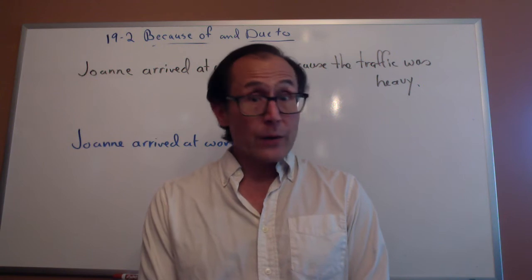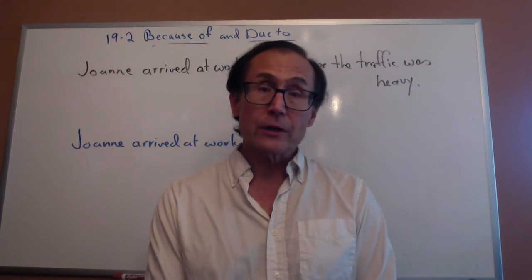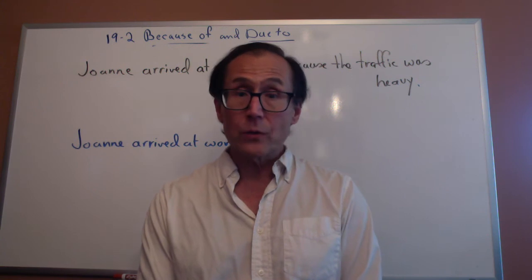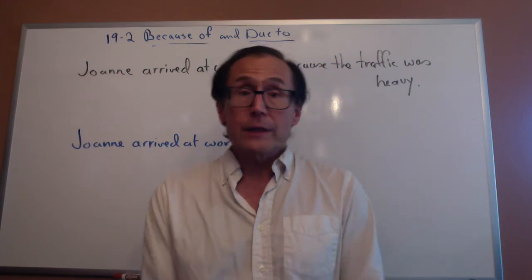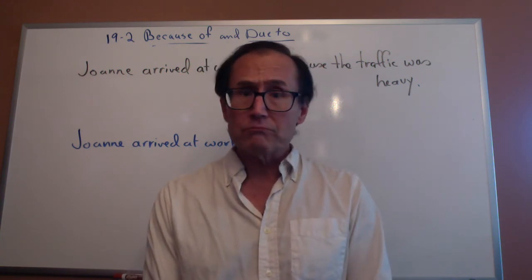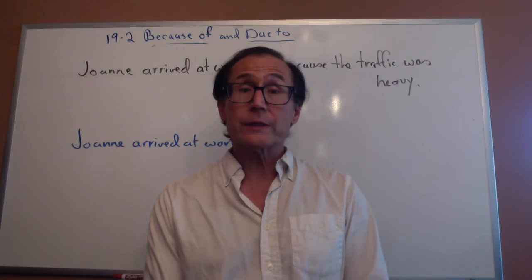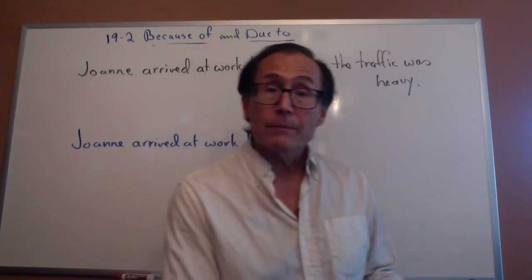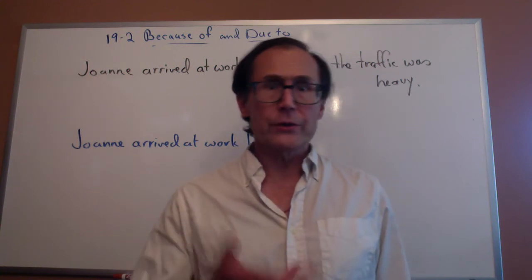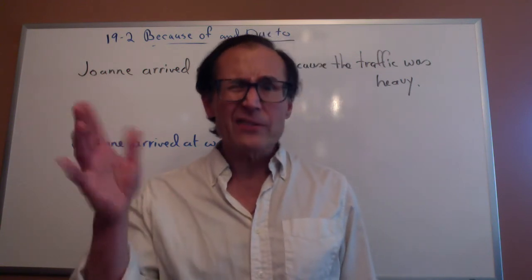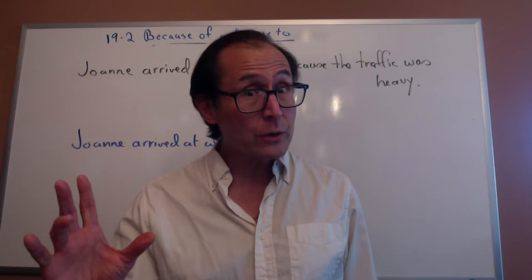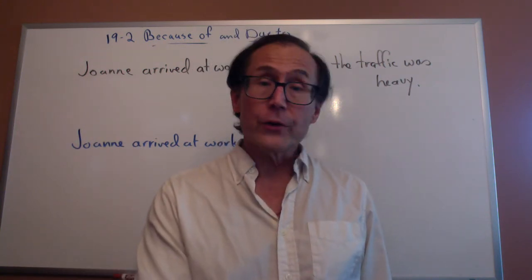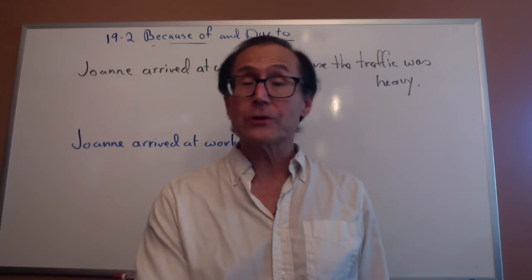So it would probably be a good idea before you start the chapter to take a look at chart 19.1 and see, are there any of those that you don't feel like you know 100%? Or maybe something is completely new to you. If something is new to you, or you're not completely sure, then it would probably be a good idea for you to pay special attention when we go over those.